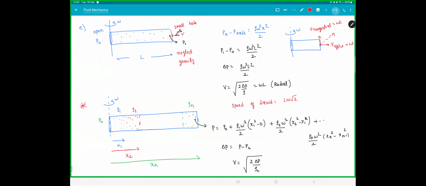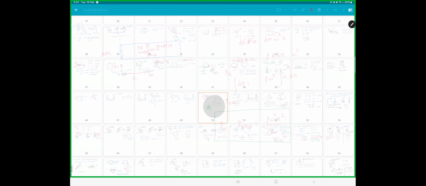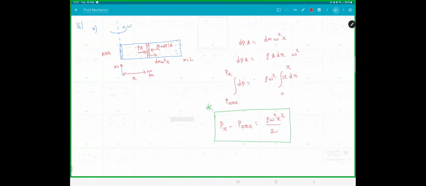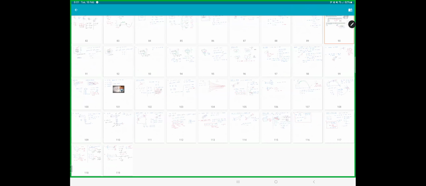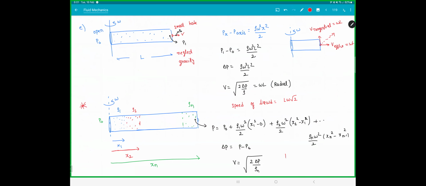You can actually refer to this, page 50. There you can see the limits change in integration. So for each liquid you keep on integrating, you'll get this.